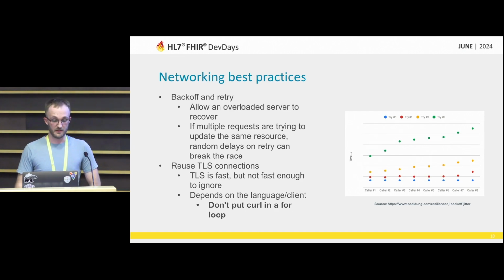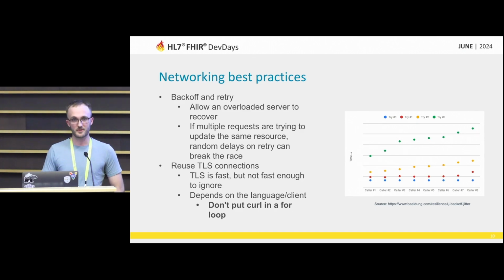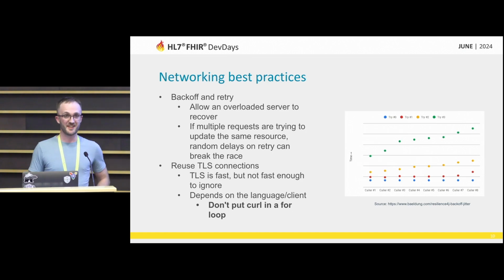And then the final issue that I have seen that can be pretty important is a lot of programming languages don't let you reuse TLS connections by default. Node specifically. Go, much better, does it automatically. TLS is fast. These are not the early 2000s.